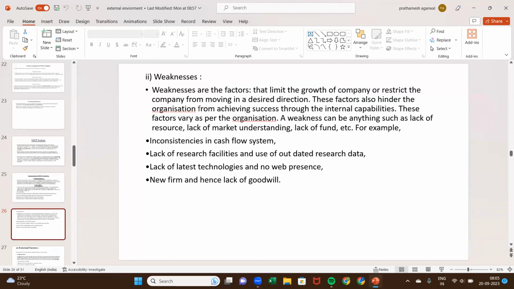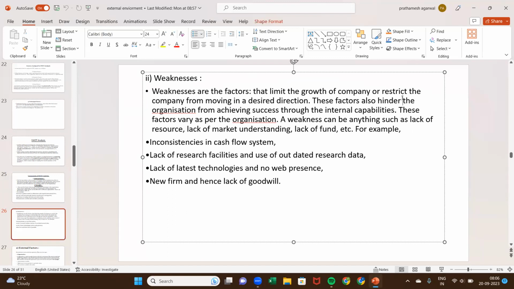Then we have weaknesses. Weaknesses are the factors that limit the growth of a company or restrict the company from moving in the desired direction. That means weakness is pulling the company behind. These factors hinder, or stop, the organization from achieving success through internal capabilities.